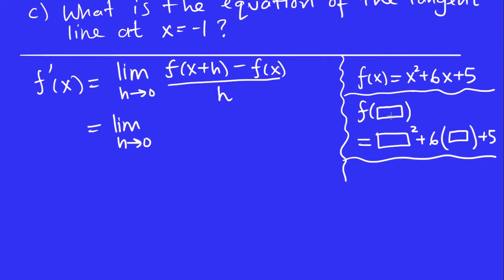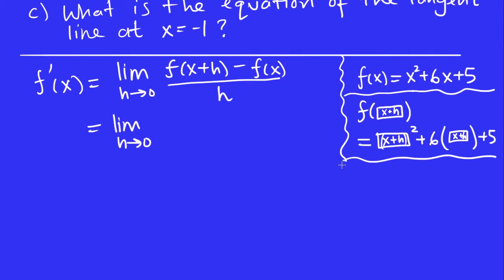And you can really put anything you want inside of that empty box. In this case, why don't we put x plus h? So f of x plus h, which is this expression right here, is the same thing as x plus h squared. Let's put brackets there though. Plus 6 times x plus h plus 5, okay?